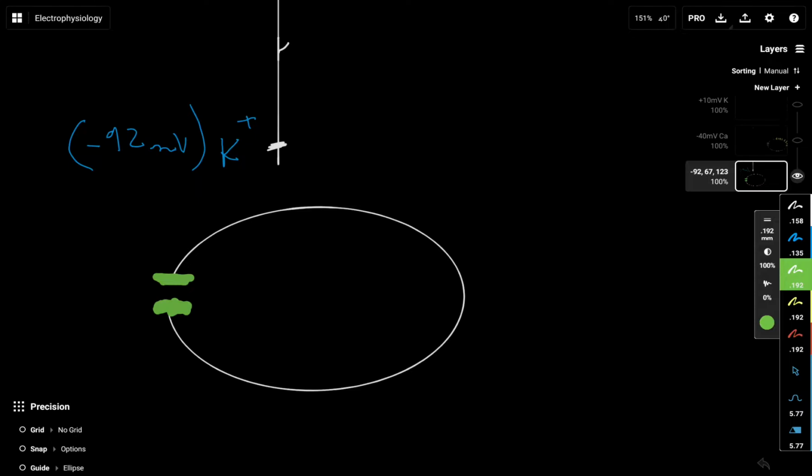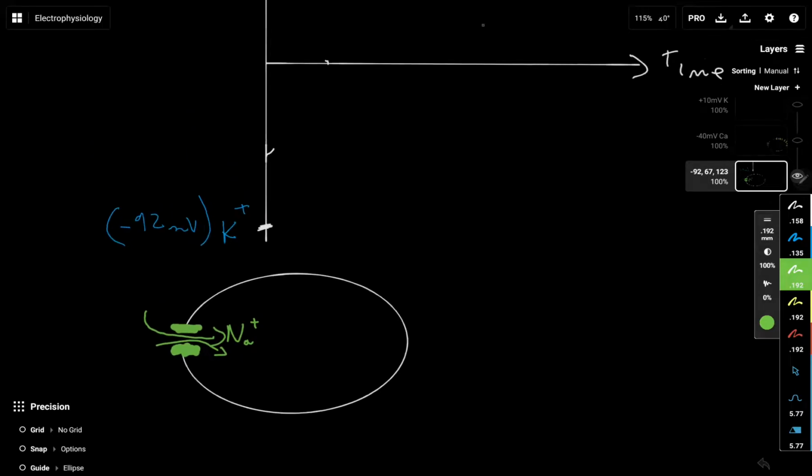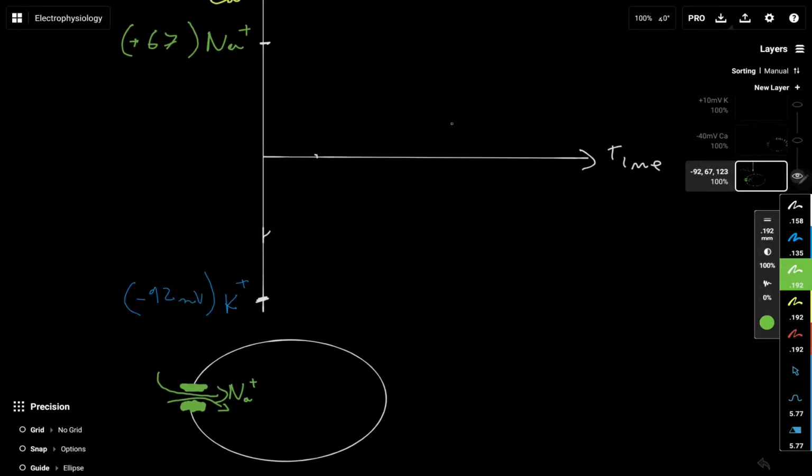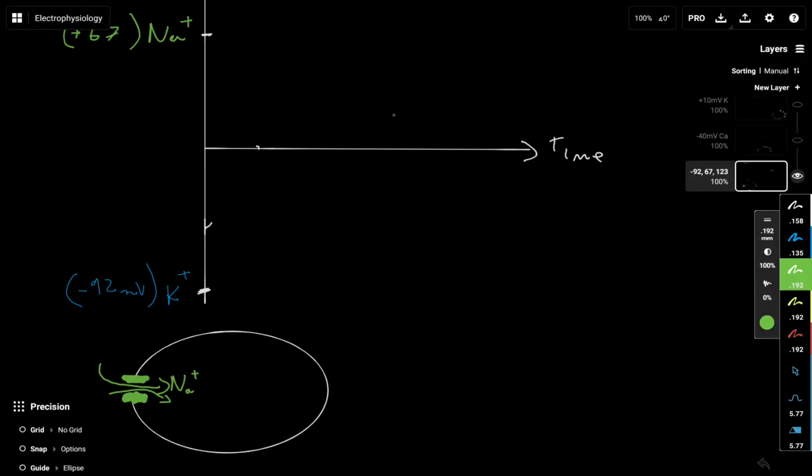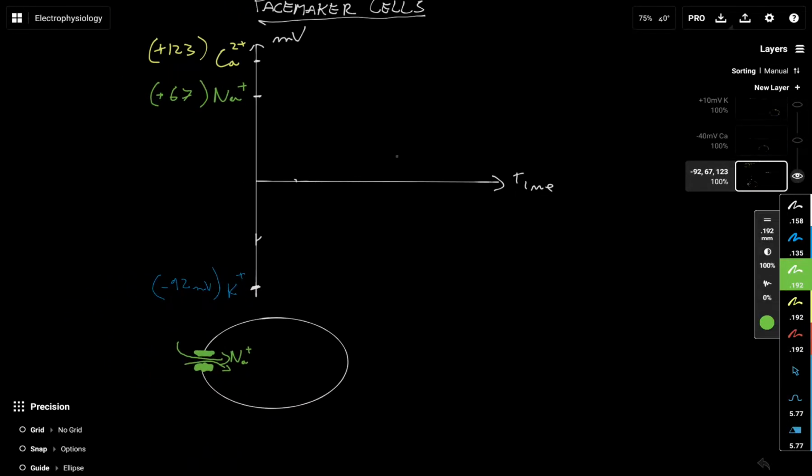If they're leaky channels, they're constantly open. So through here I have a constant trickle of sodium, not a huge amount, but slowly it just keeps on coming in. If I have a small trickle of sodium getting into my cell, what's going to happen to the voltage of my cell?